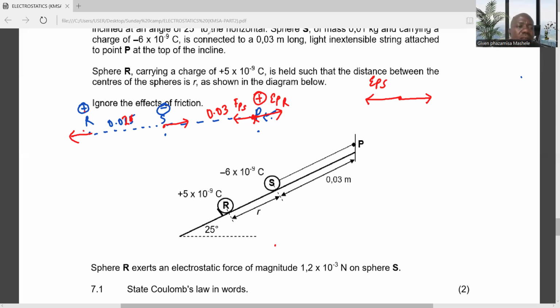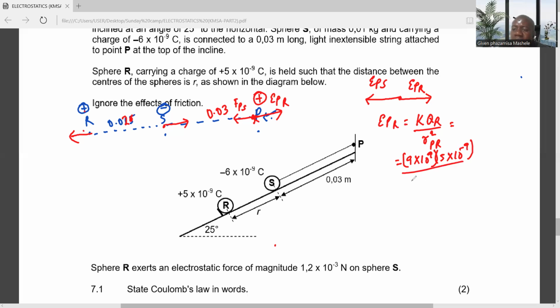So you see that we're going to have two components: the electric field at P due to R and the electric field at P due to S. So let's calculate that. The electric field at P due to R, at P there's no charge, so this will be KQ, where the source is R, over r squared, which is the distance between P and R. K is 9 times 10 to the power of 9. Charge R is given as 5 times 10 to the power minus 9.